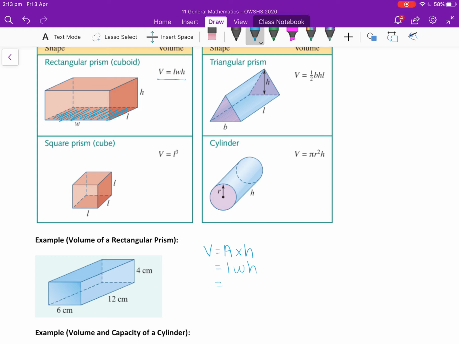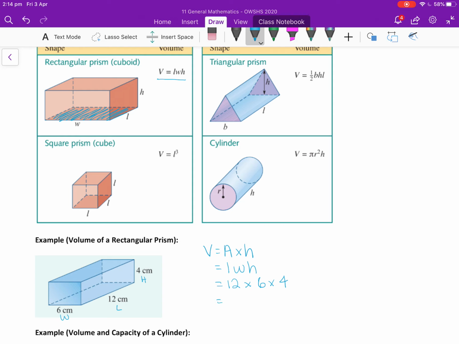So for the rectangular prism to the left, it doesn't really matter, we'll call this the length, we'll call this the width, and we'll call this the height. So our length is 12. We're going to multiply. Now again, that rule doesn't tell us that we need to multiply, but in algebra we know, mathematicians, we're a little bit lazy and we should be multiplying between each of those letters. So 12 times our width, which was 6, times our height, which is 4.